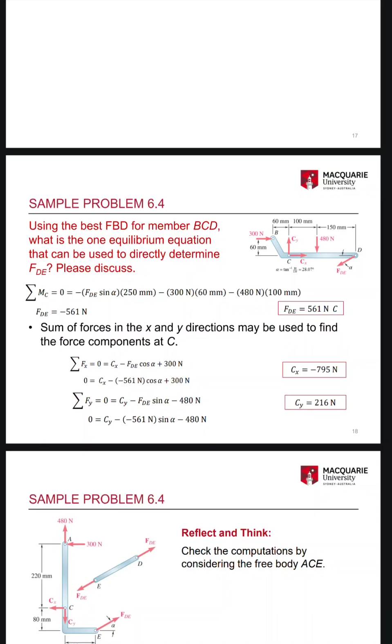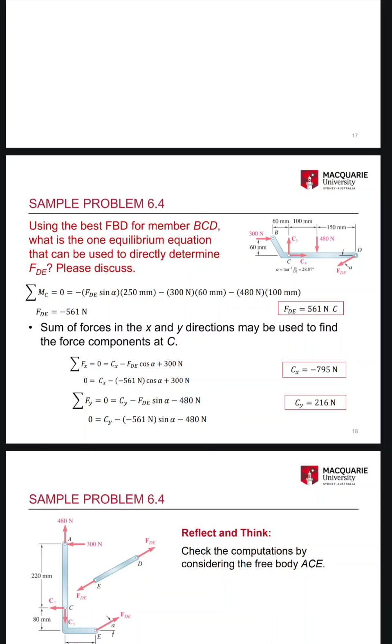Sum forces in the x and y directions may be used to find the force components at C. Sum Fx equals 0 equals Cx minus FDE cos alpha plus 300 Newton. 0 equals Cx minus 561 Newton cos alpha plus 300 Newton.